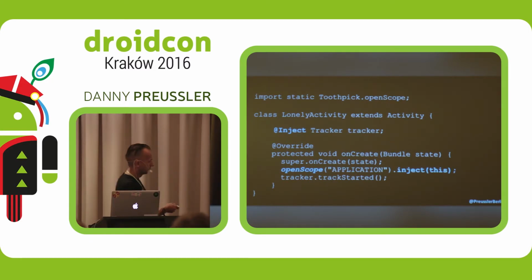There's one difference here to Dagger. I don't have to call getApplication or something to find this thing. I don't have to keep a reference to this component object, because I give it a key, and Toothpick will find this via the key. So I can use it in every fragment and activity. I can say openScope application, and as long as I set it up earlier with the install module, I will get the same instance here.